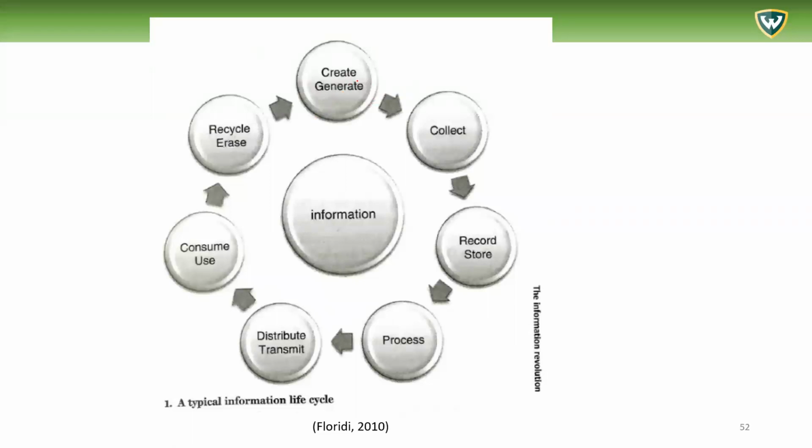So the first, the creation or generation stage, then there might be a collection stage, a recording stage after the collection, and then after this recording, there may need to be a processing of the information, and then there's a distribution and transmission, consumption, recycle, and erasure, and so on and so forth.